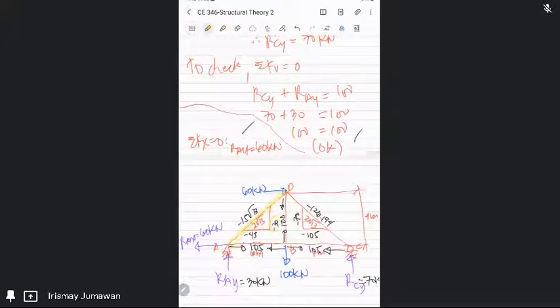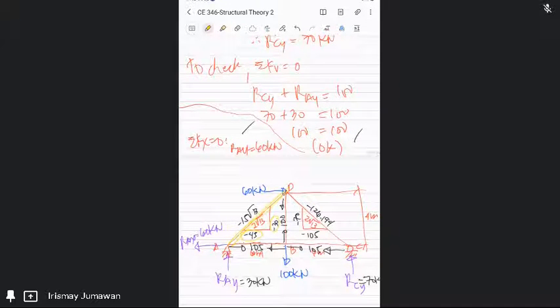Then I have to determine the x component of member AD. So negative 30, and you have to take note of the sign. Negative 30, with 6 divided by 4.